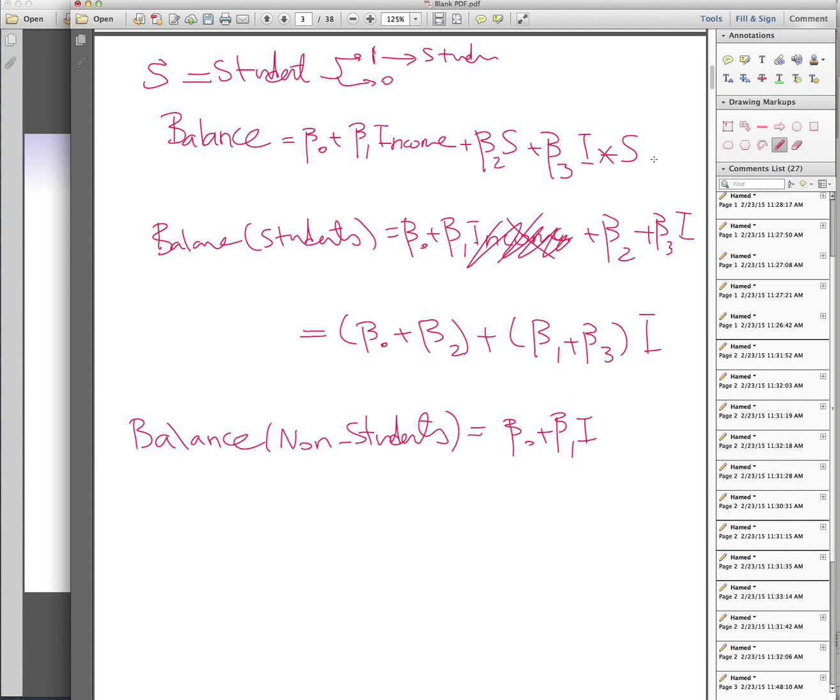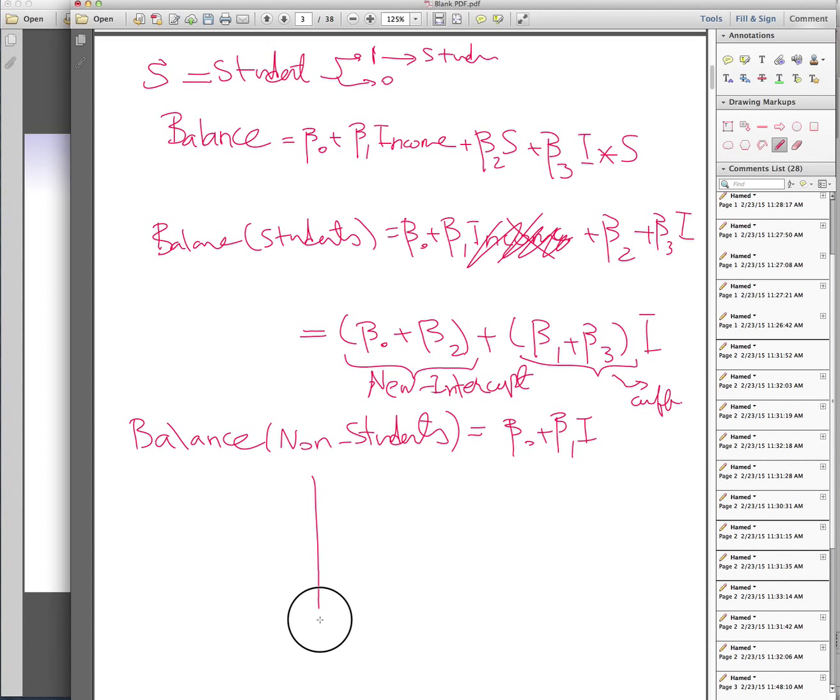Here we have 0, here we have 0, so I just don't write it. So as you can see, for students and for non-students, we get different intercepts. So this is our new intercept. It's the intercept for students. And here is our coefficient for income, or better say, slope for income.